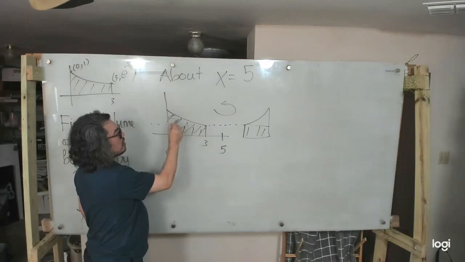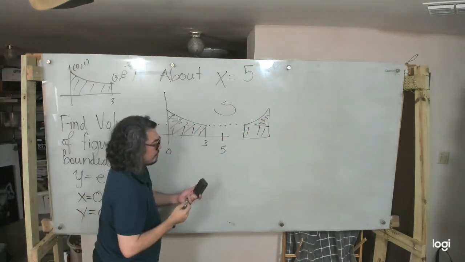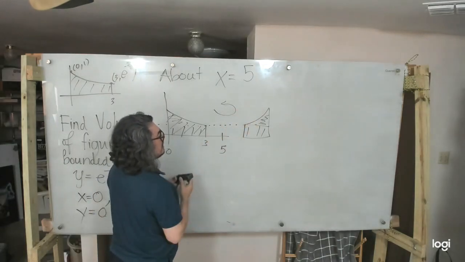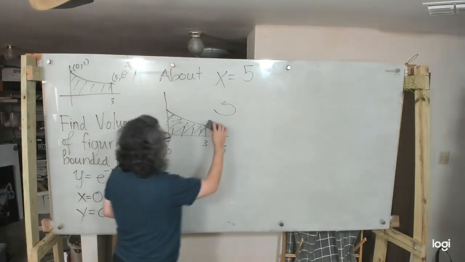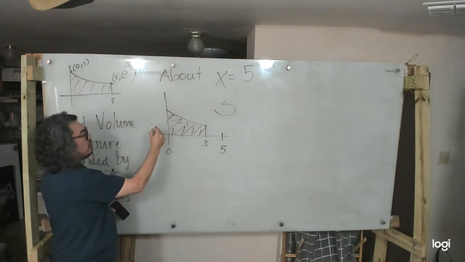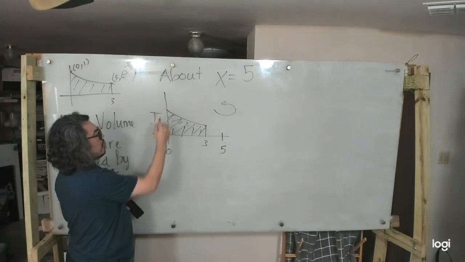But then this part is going to be, as you can see here, kind of like a bowl on the inside, but a cylinder on the outside. So we're going to call this part the bottom, we're going to call it B, and this part the top.